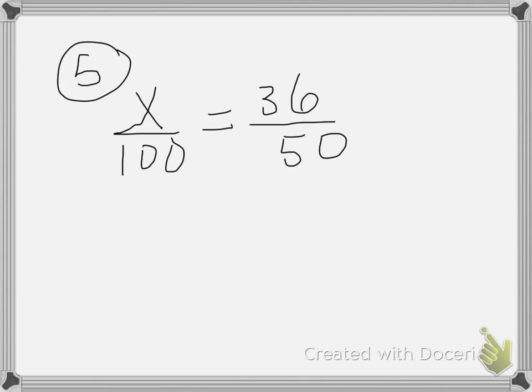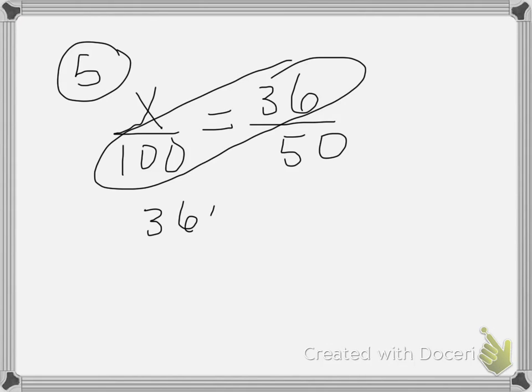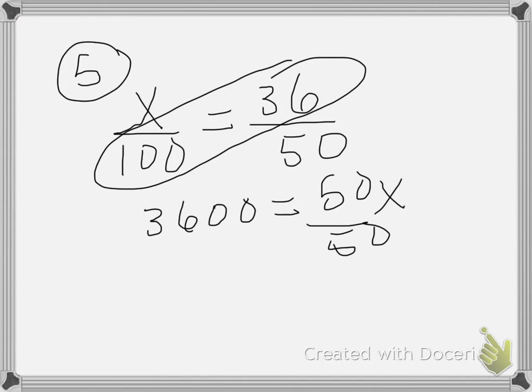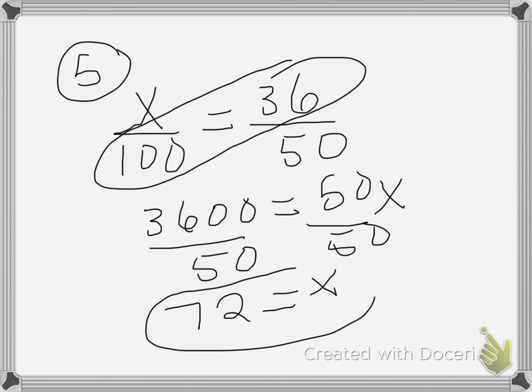And we just simply cross multiply. That's 3,600 equals 50x. Divide both sides by 50. So x equals what? 72. That was number 5.